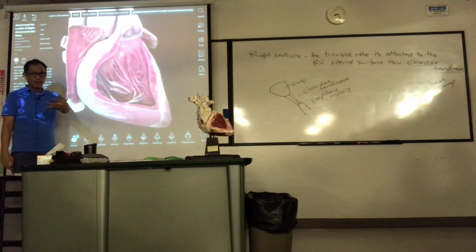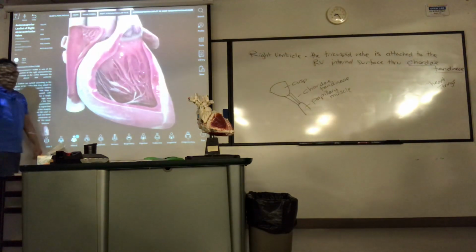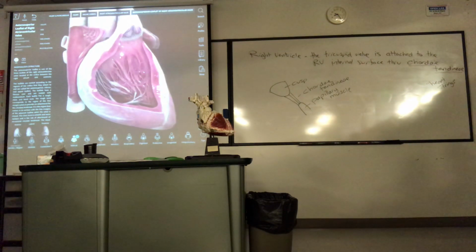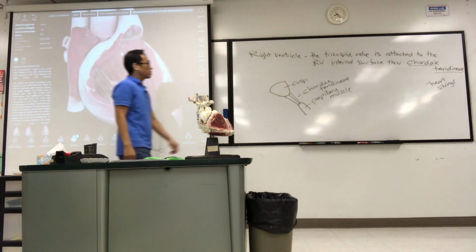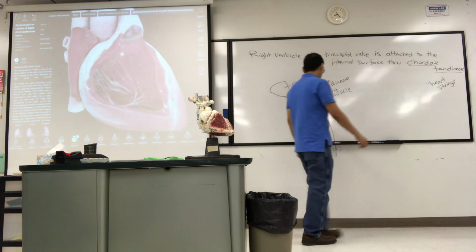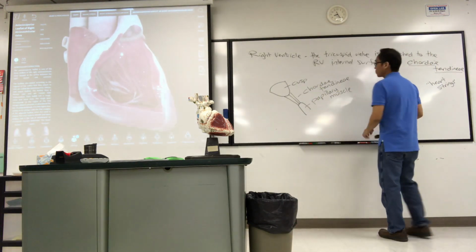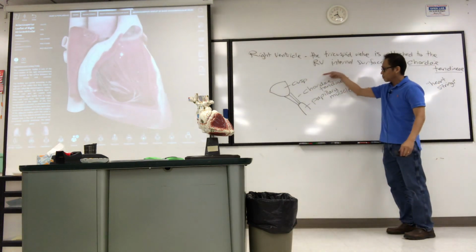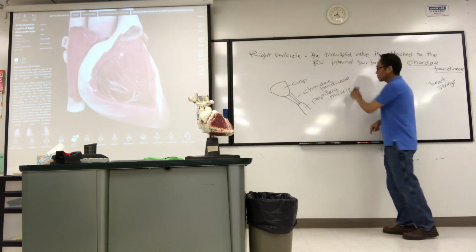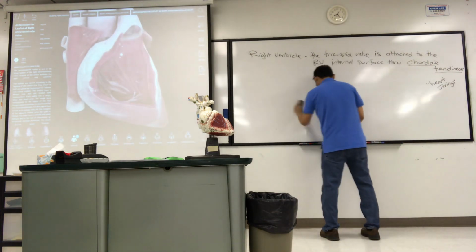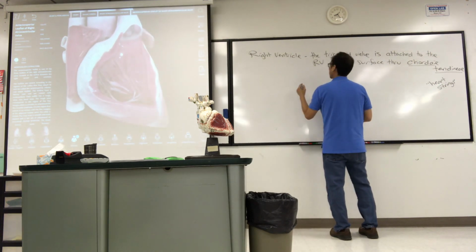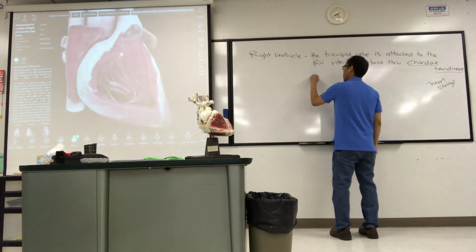That's what people call it, and it's called trabeculae carneae, which describes the internal appearance of both ventricles. Crossbars of flesh. I'm going to erase this, but be able to identify all these. Also note trabeculae carneae.